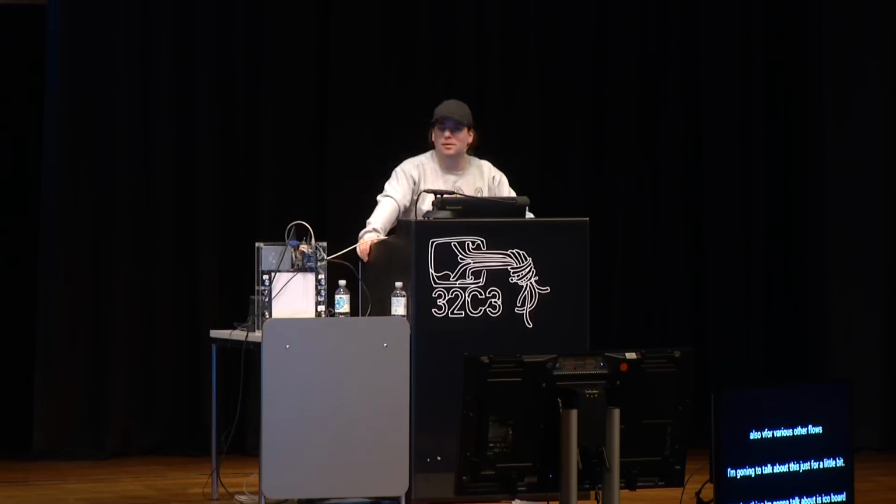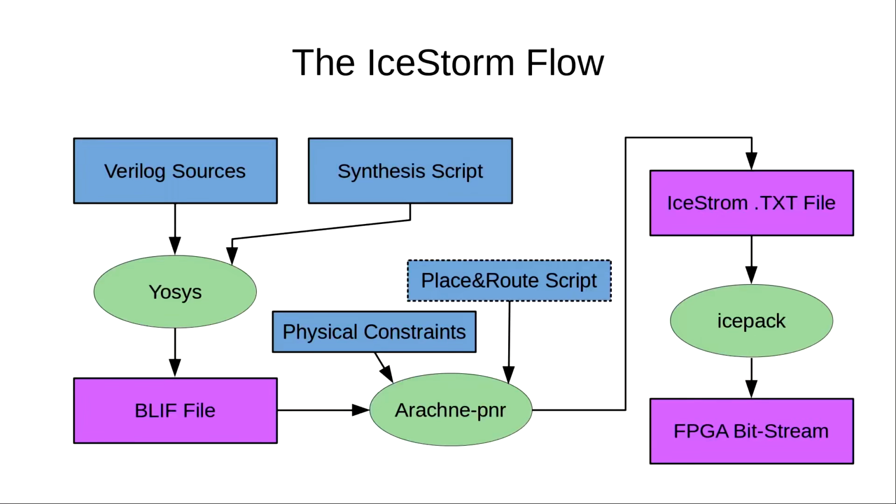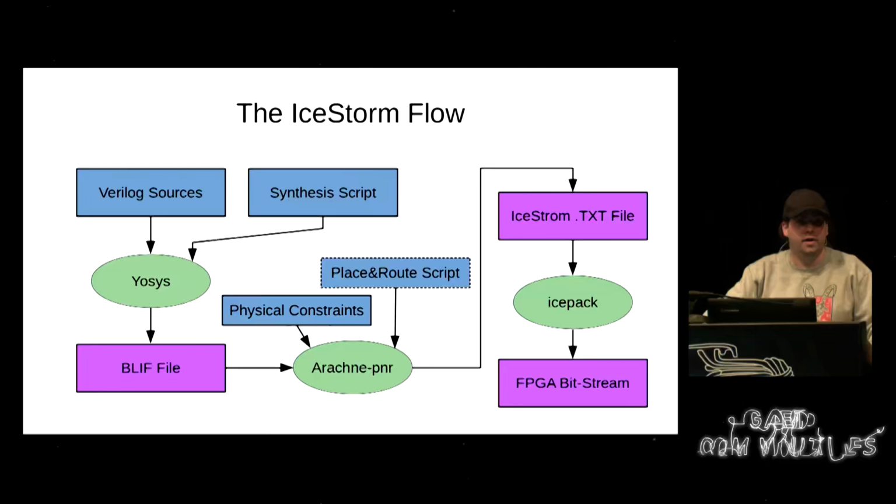So this is the big overview for the flow. You start with Verilog sources and the synthesis script. Usually the synthesis script just reads the Verilog files and then executes a few macro commands that do everything that is necessary to synthesize for the specified target. And of course, we are looking at the iCE40 FPGA here in particular. The output of Yosys in this case is a BLIF file.